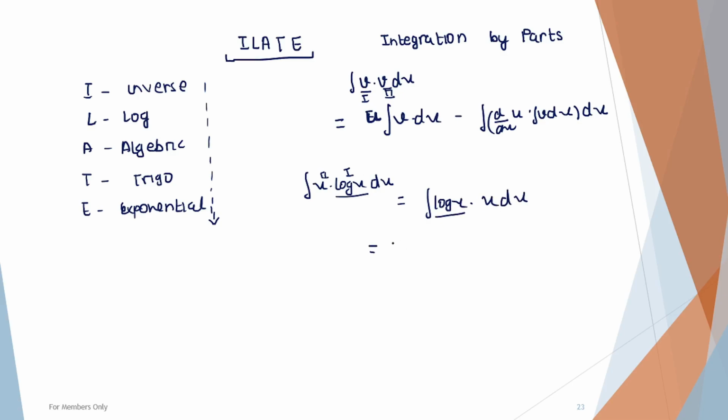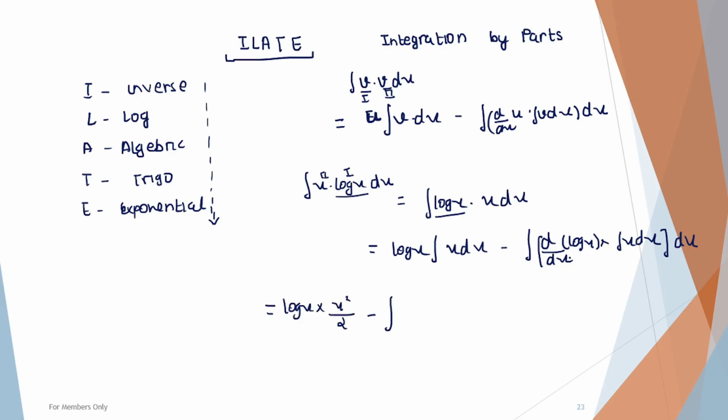So take out log x, integrate it, x dx minus d upon dx of log x times integration of x dx, the whole dx. So it will be equal to log x times x dx, which is x square by 2, minus differentiation of log x, 1 by x, times integration of x dx, which is x square by 2, the whole integration.